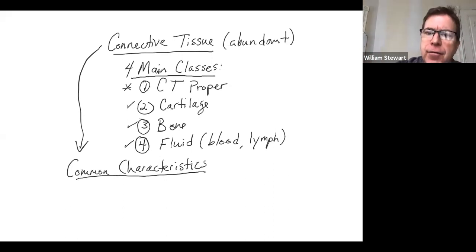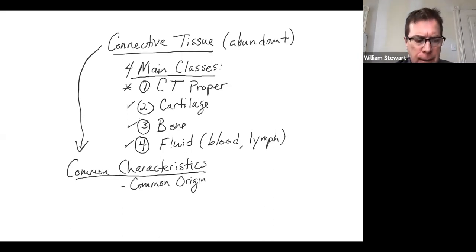All of these connective tissues, as different as they are, have a common origin, and that means embryologically. They all come from an embryonic tissue called mesenchyme.